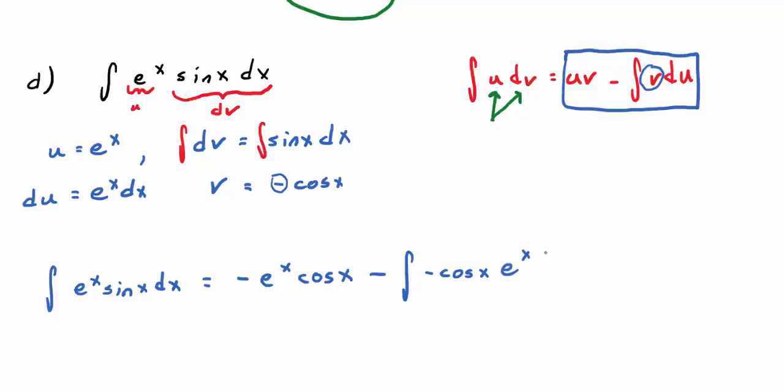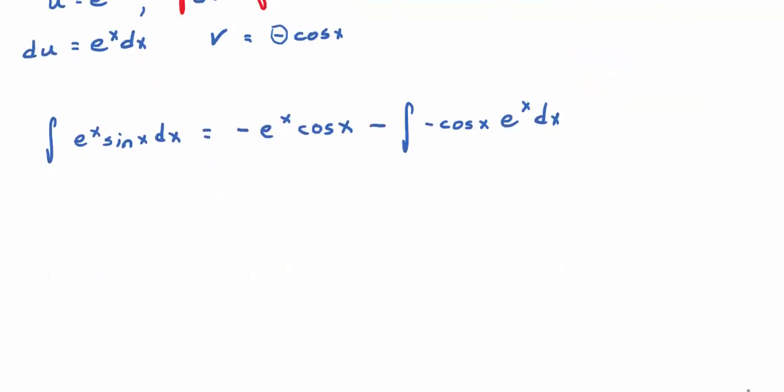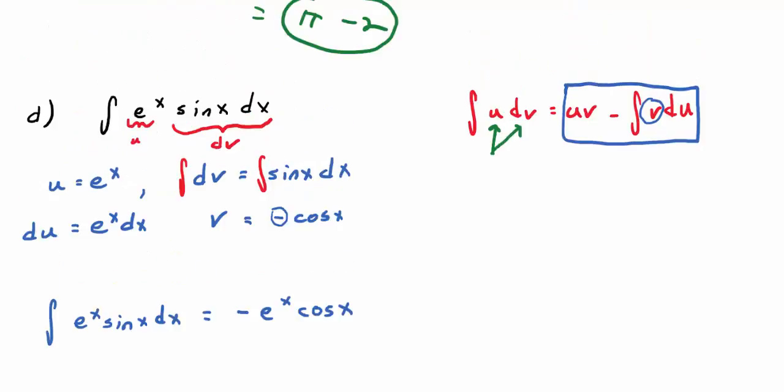Do I really want to write it that way? I want to make it look more like the original integral. So I first of all take into account that it's going to be minus a negative, right? So instead of having this minus here, it's minus the integral of negative cosine x.